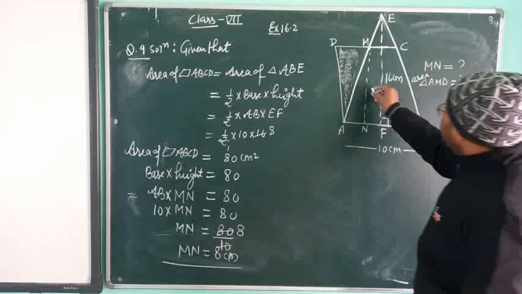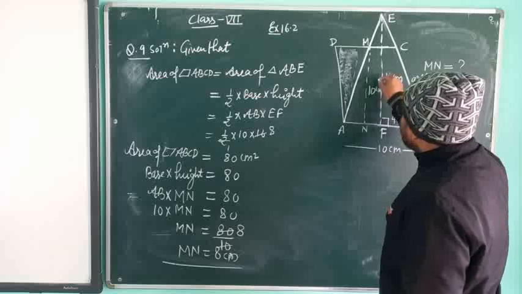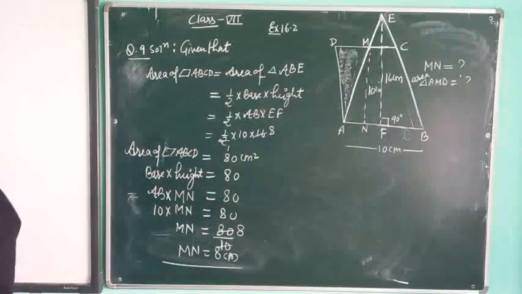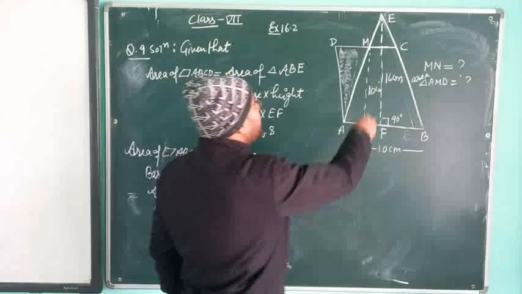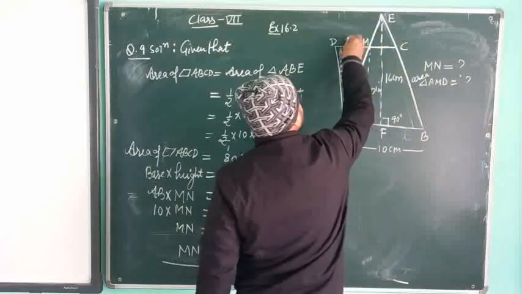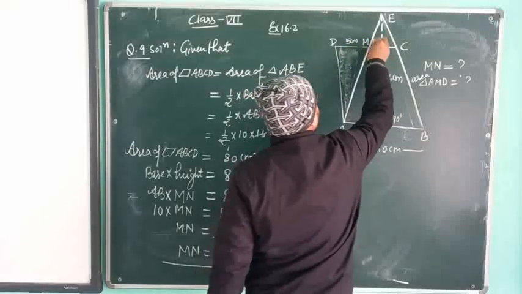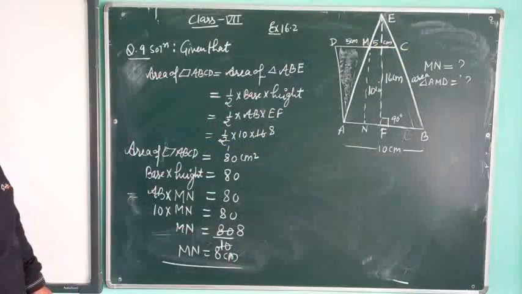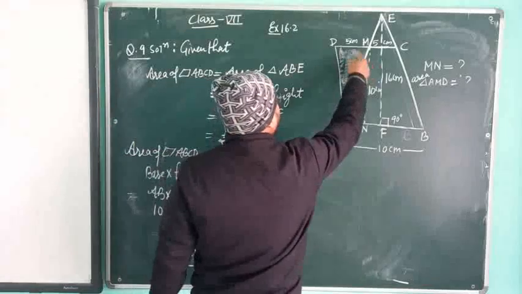We are getting this one as 10 centimeter. And here it is given that M is the midpoint. If this is 10 centimeter, so what about this one? This is 5 centimeter and this is 5 centimeter also. So we want to find the area of this triangle AMD.